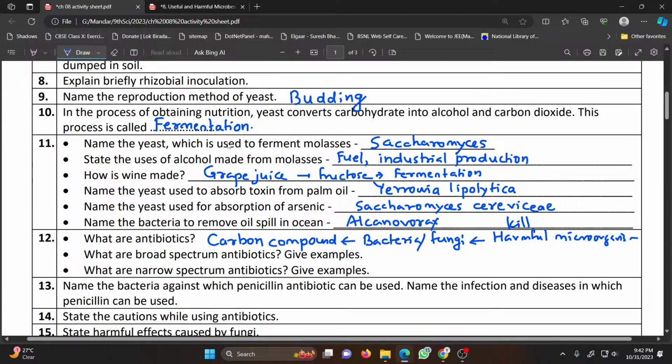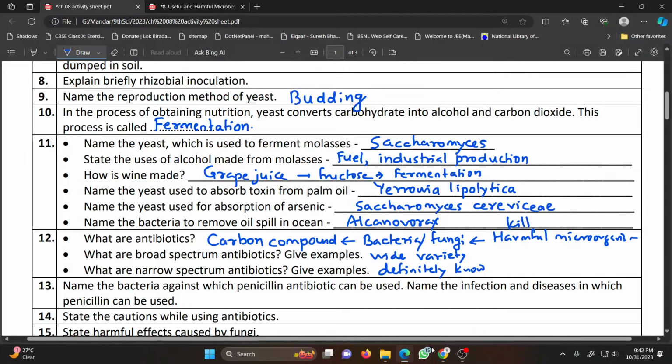The antibiotics which are used against a wide variety of bacteria are known as broad spectrum antibiotics, whereas antibiotics which are used against definitely known bacteria are called narrow spectrum antibiotics.